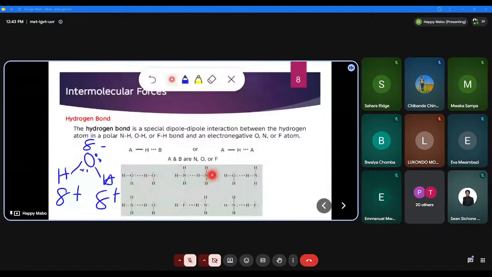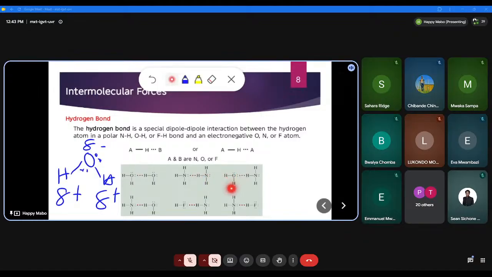When you look at the molecules of ammonia themselves, they can also interact through hydrogen bonding. The lone pair of electrons on one atom of nitrogen can create an interaction with the next molecule using the positively charged hydrogen atom of this particular molecule.